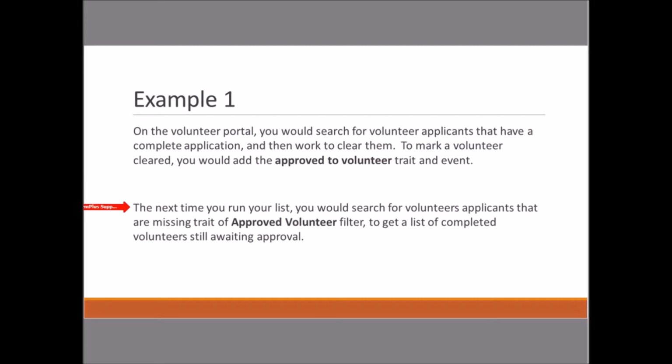Then the next time I look at my list, I don't have to look at the people that I've already approved. I'm done with them. I want to get them off my list and only be searching for the people I still need to look at. So that's where that trait and event comes in handy. I can say, give me the list of everybody who I have not added this trait to yet. So hopefully that makes sense.